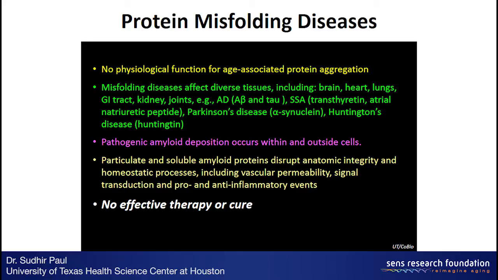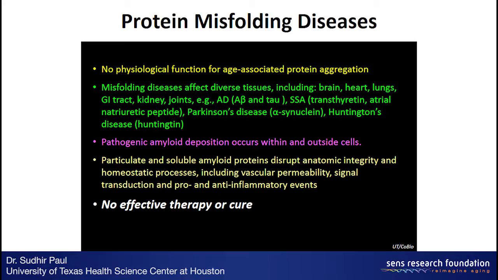There is interference in various homeostatic processes, including blood flow, signal transduction, receptor-mediated signal transduction. The inflammatory status of the organs is changed. There is greater release generally of inflammatory agents, and the amyloid can deposit both within the cells, an example is tau, and outside the cells, and the example there is the amyloid beta peptide.